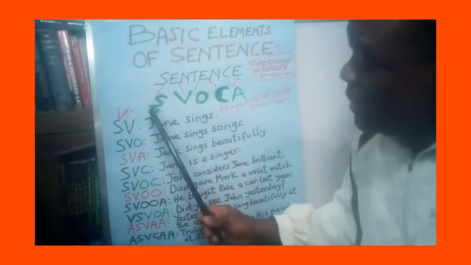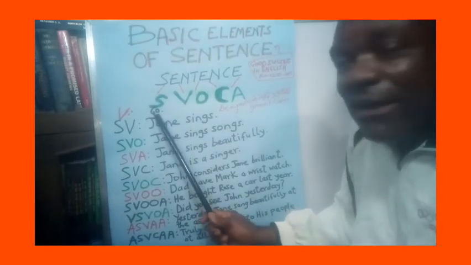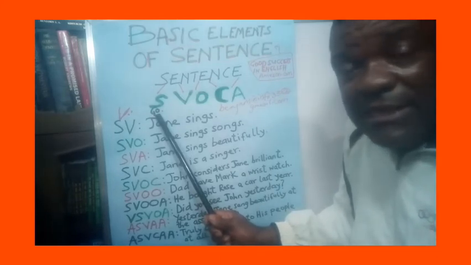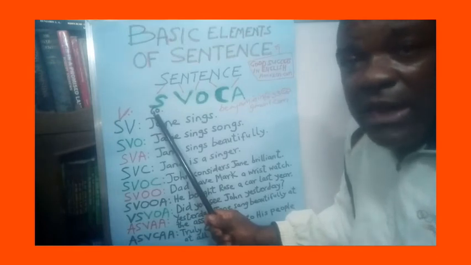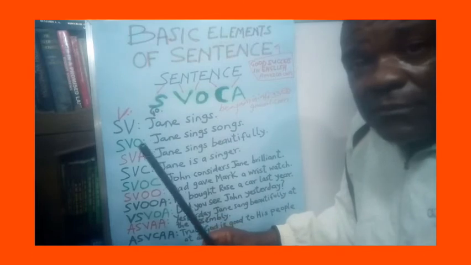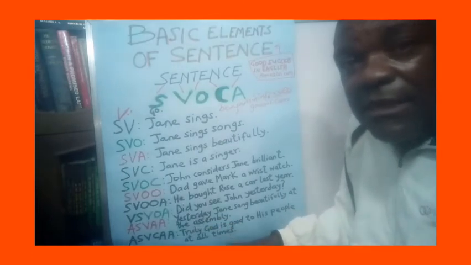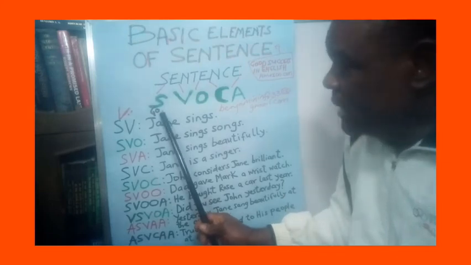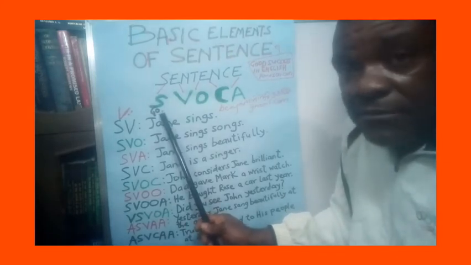In other words, the shortest sentence we can have in English is usually an imperative sentence, a sentence that issues a command or gives an instruction or an order. If you say go or come, stand, sit, leave, these are verbs, and each verb can convey complete meaning.